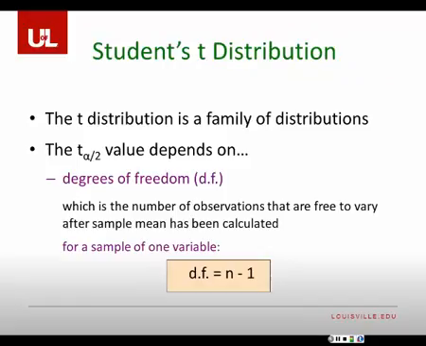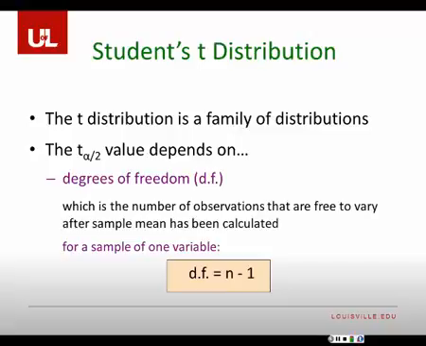Now the student t-statistic, the way that it adjusts for this lack of information is that we have to introduce this new value in there, which is called degrees of freedom. We've already seen this one time, this n minus 1. Where did we see this? Standard deviation or even the variance of the sample.